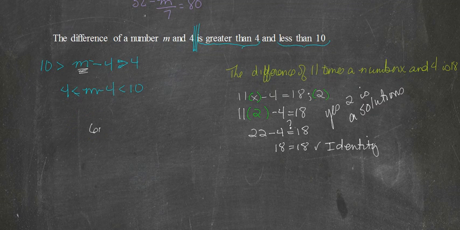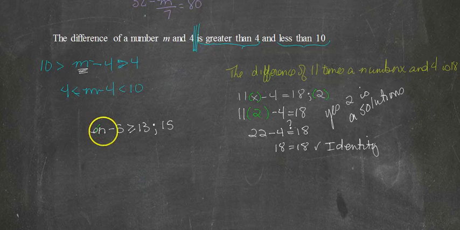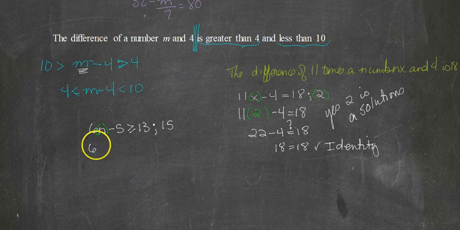So we have 6n minus 5. This would be the difference of 6 times the number n and 5 is greater than or equal to 13. Semicolon means we're going to test this value to see if that is a solution to this inequality. So again, all I'm going to do, put parens around my variable, and then rewrite my formula, leaving a hole for me to substitute that 15 in.